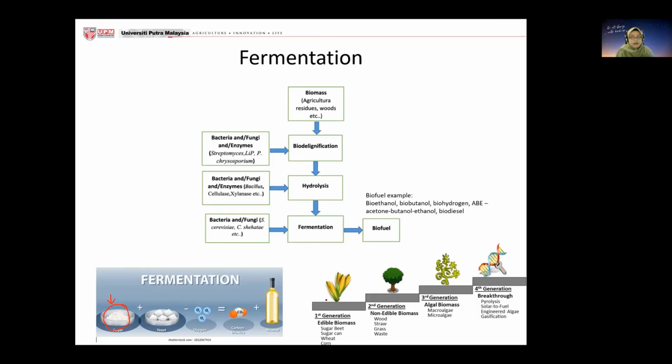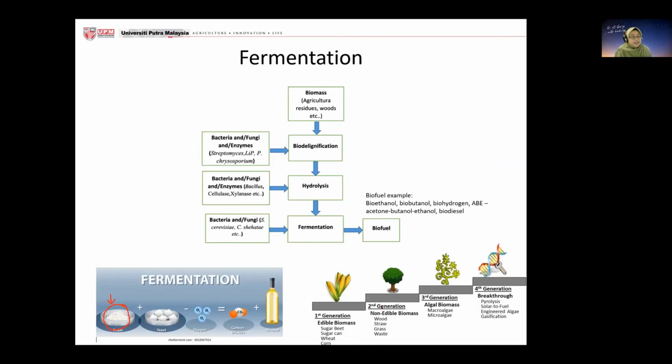They are at the forefront of using ethanol as a biofuel. But then again, we have the issue with food security. So the food versus energy argument has caused the emergence of second generation.